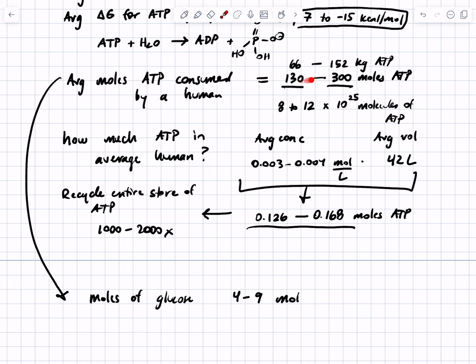You just divide 130 or 300 by 32. And if you want to know what mass of glucose that would be, if you wanted to just eat glucose, I don't recommend it, 0.7 to 1.7 kilograms. So that's a lot of sugar. Well, that's a lot of glucose. Anyway.